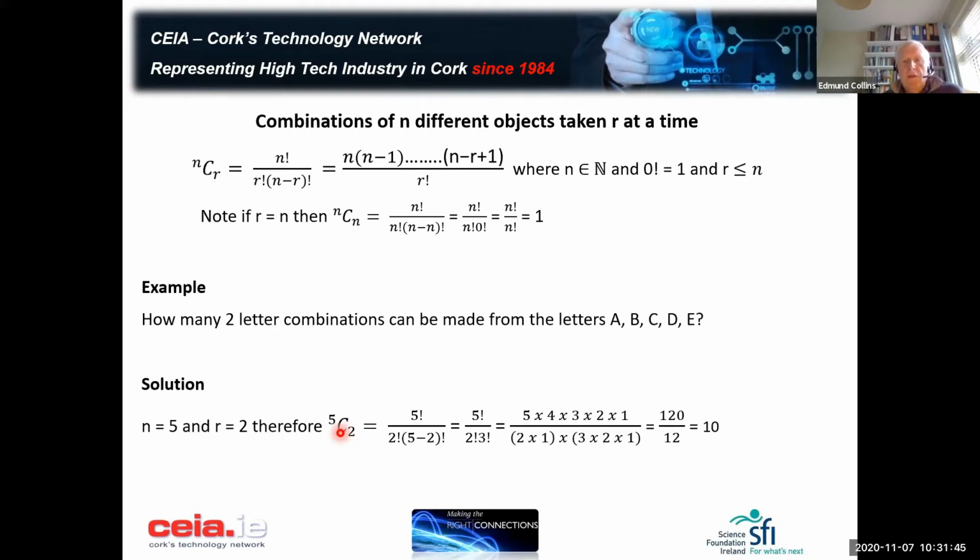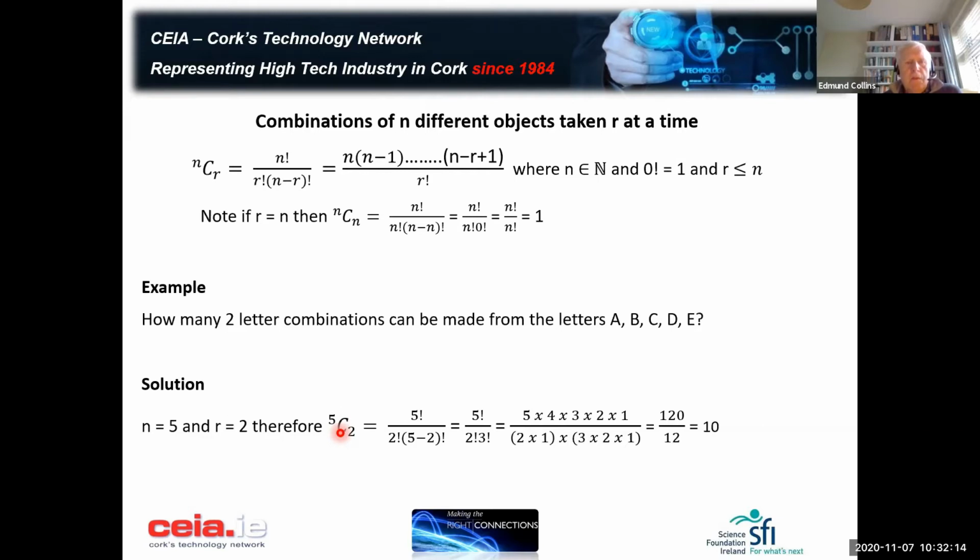Now you will see in your textbooks, in solutions and so on, brackets with the number n at the top and r at the bottom. We'll look at that in a minute in solving an example, but for the moment I just want to get you familiar with the nCr designation.